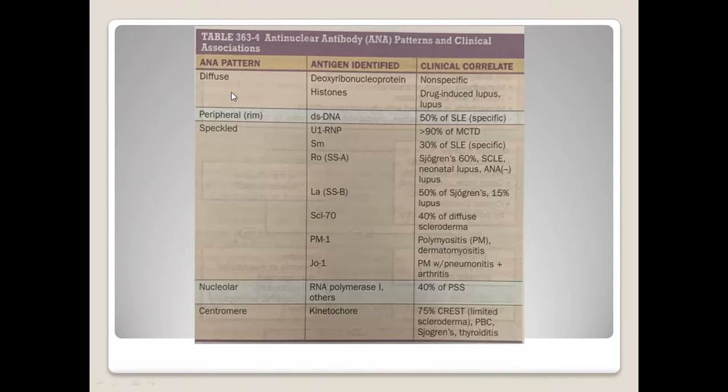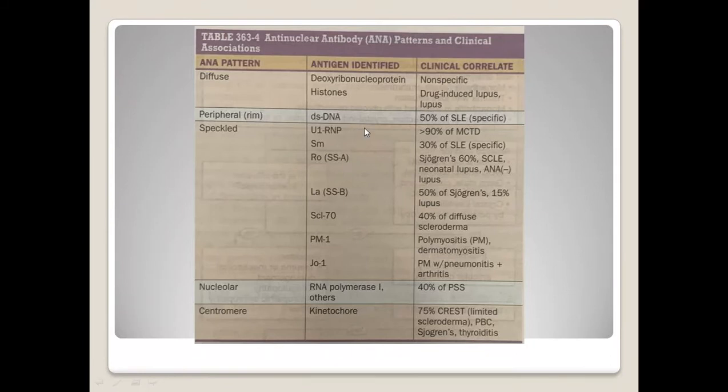If the pattern is diffuse with deoxyribonucleoprotein or histones, it could be drug-induced lupus or SLE. As we were speaking about antihistone antibodies in the last class, it could be drug-induced lupus.